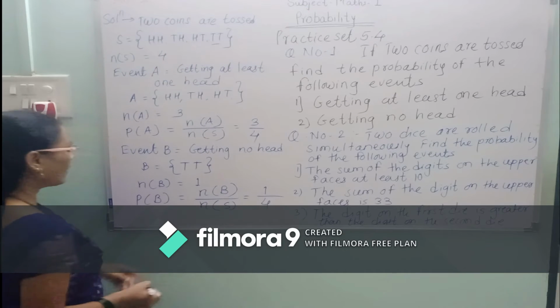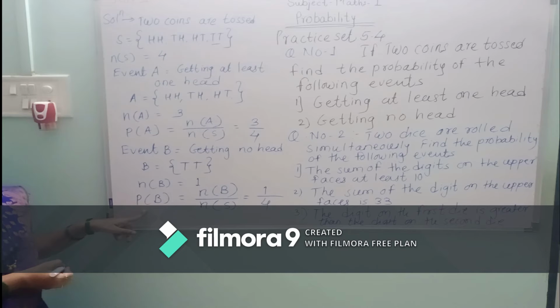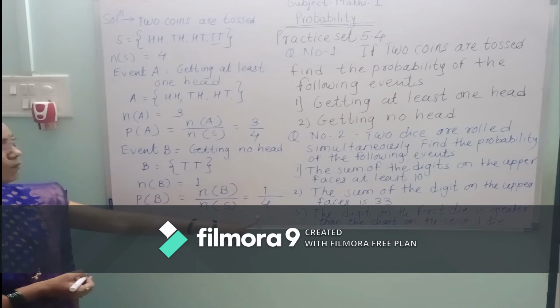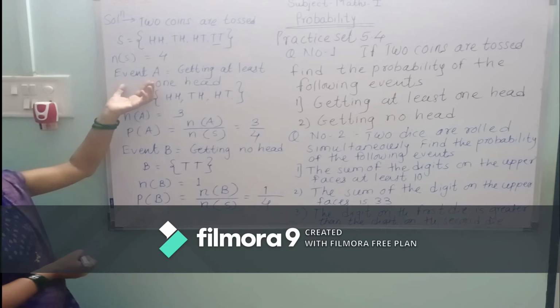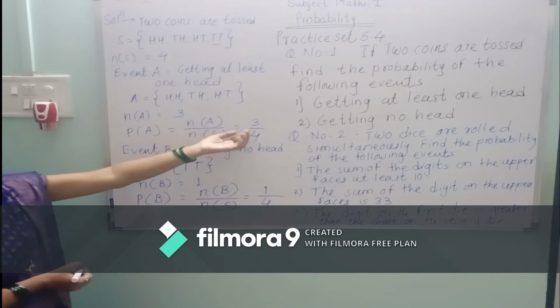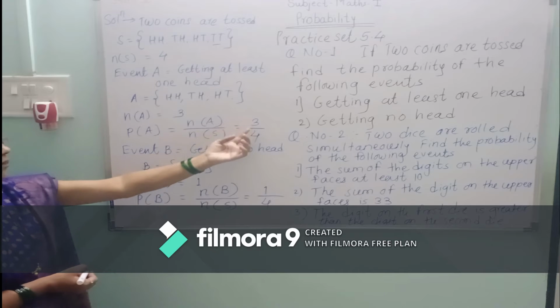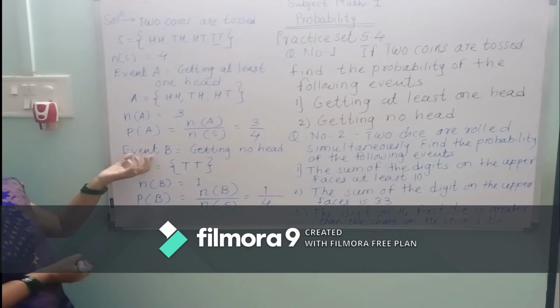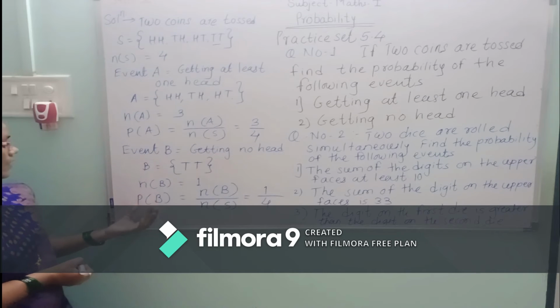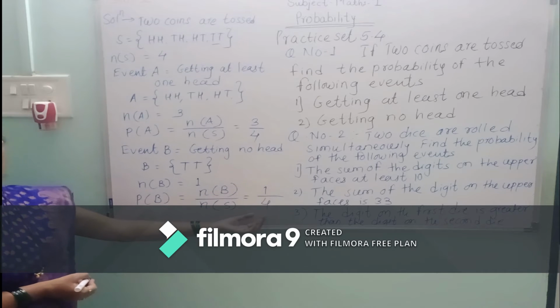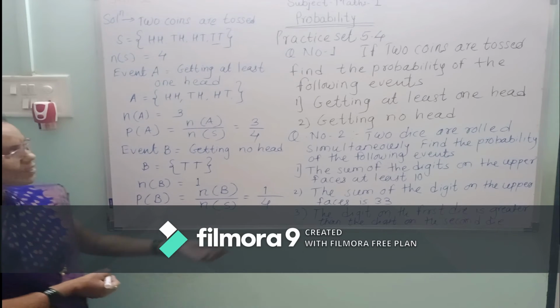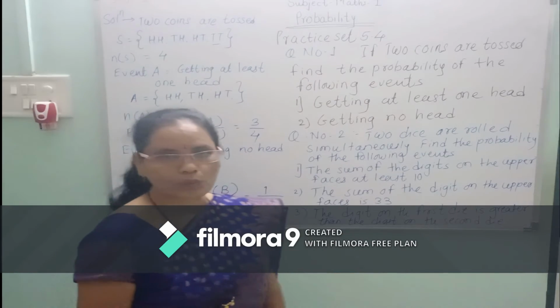So the probability of event B is 1 upon 4. This is the answer. So the probability of event A is 3 upon 4, and for event B, getting no head, the probability is 1 upon 4. Now we have solved question number 1.